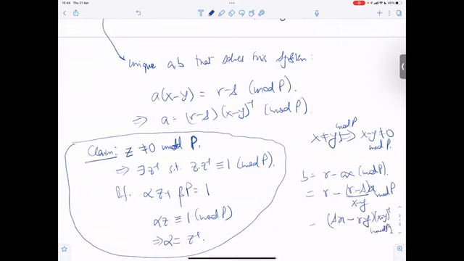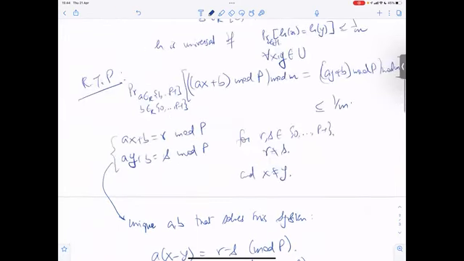So we see that there is a unique solution.